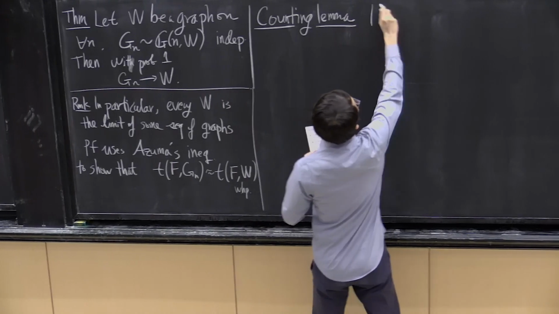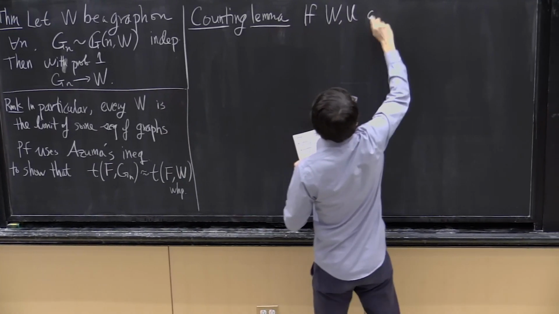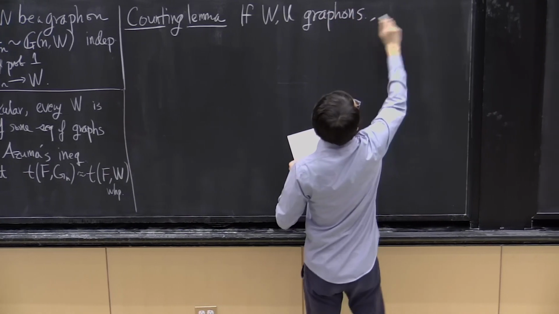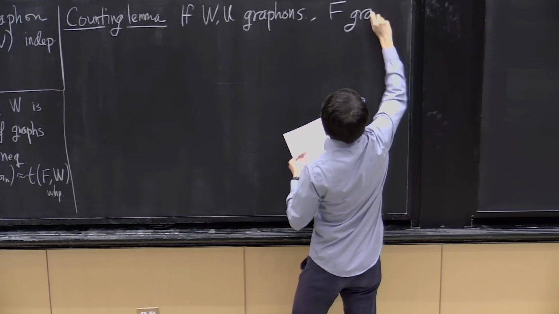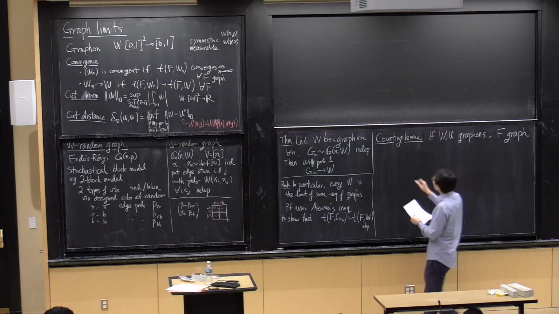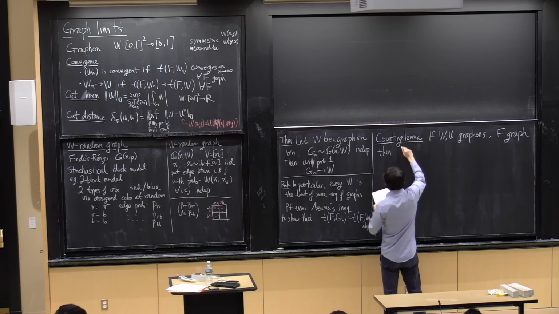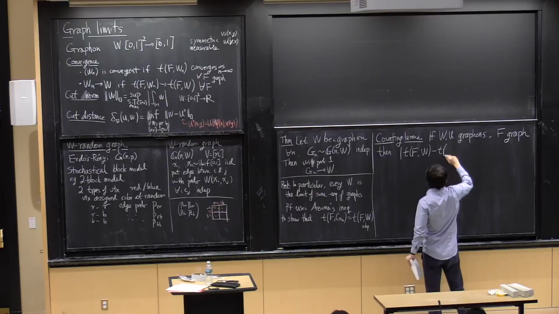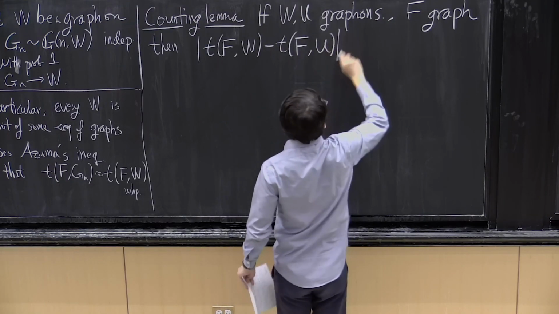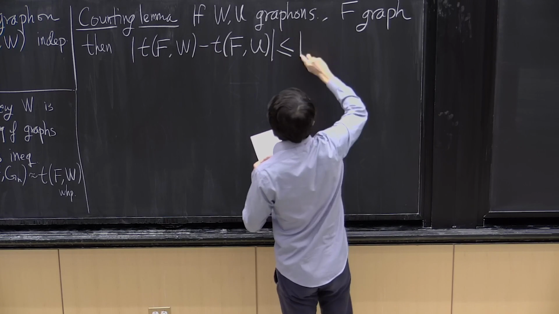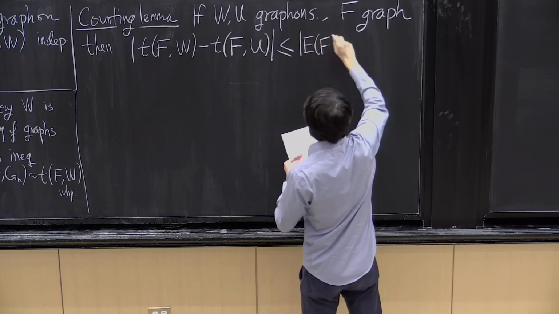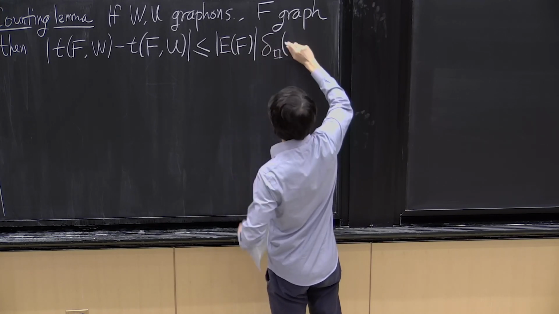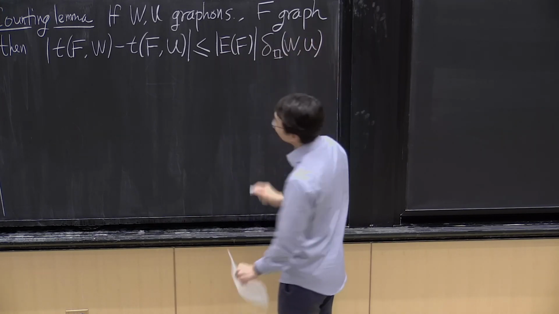If W and U are graph functions, and F is a graph, then the F density of W minus the F density of U, their difference, is no more than a constant, the number of edges of F, times the cut distance between U and W.